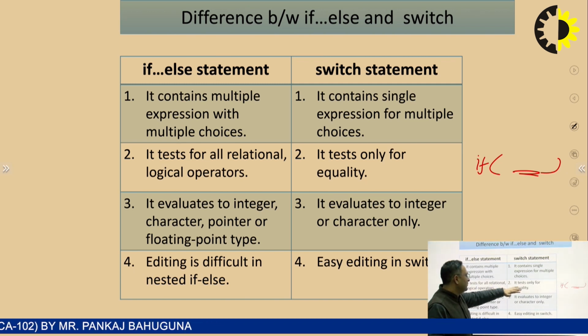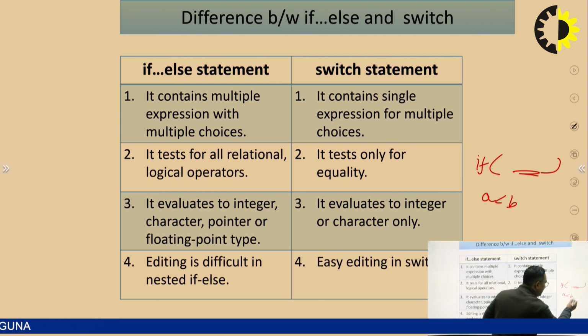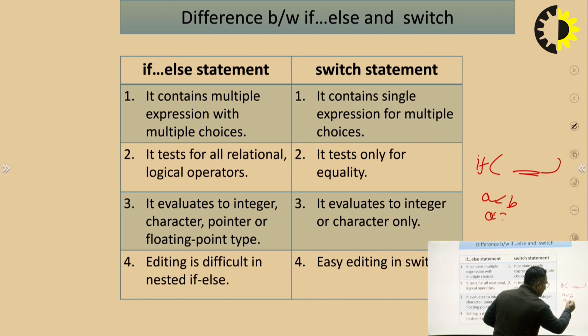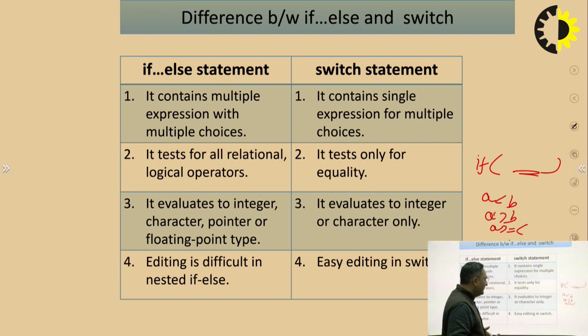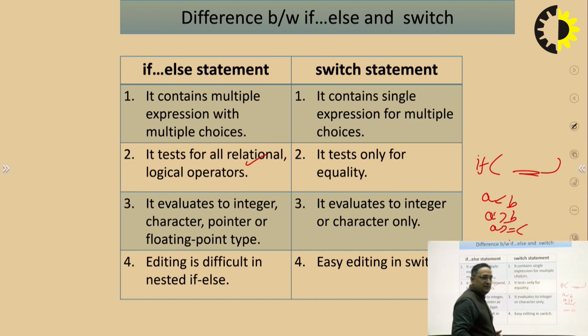If else tests for all relational and logical operators. Switch tests only for equality. As I just mentioned, if else works for every relational operator, like A is less than B, A is greater than B, A is greater than or equal to C, and so on, whereas switch works only for equality, right?